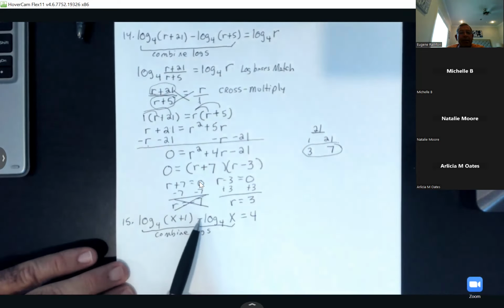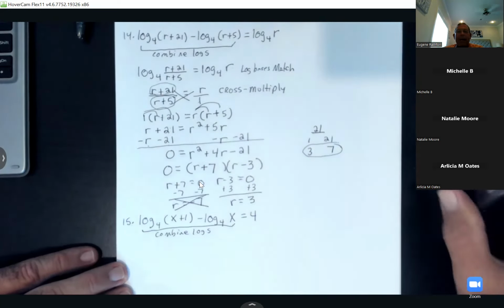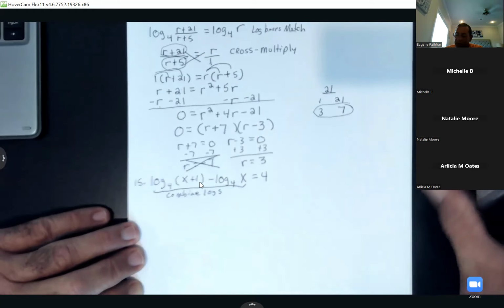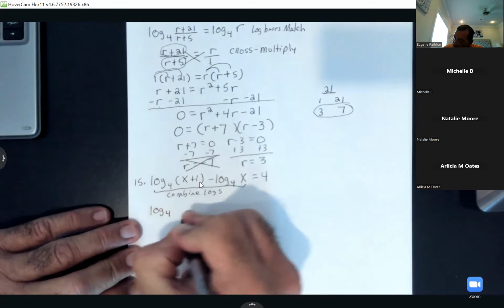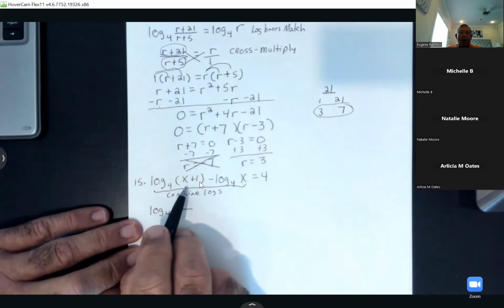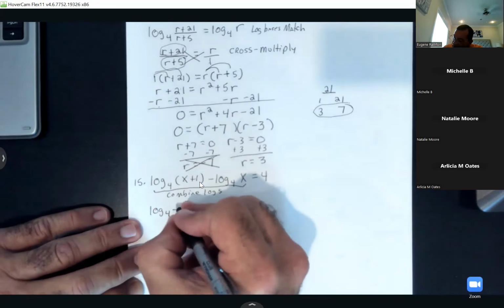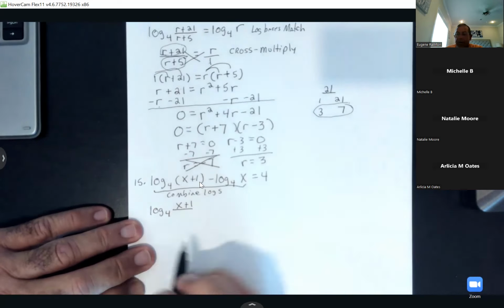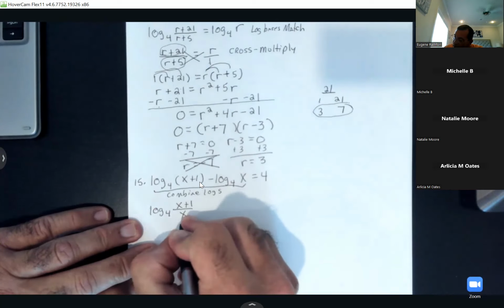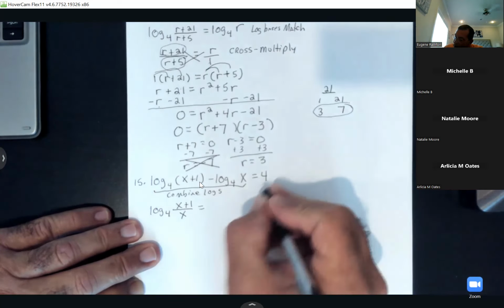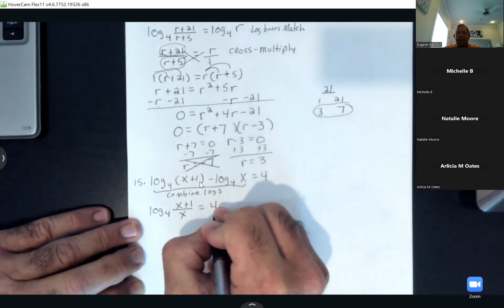So y'all remember, these are being subtracted, so it's going to look like a quotient. So bring out that log 4. The positive factor goes to top, that's the x plus 1. The factor being subtracted, that x goes to the bottom. And all that's going to equal that 4.